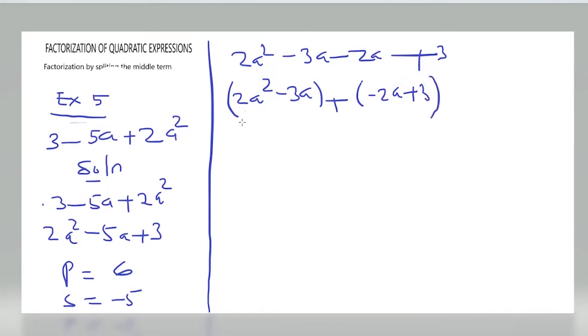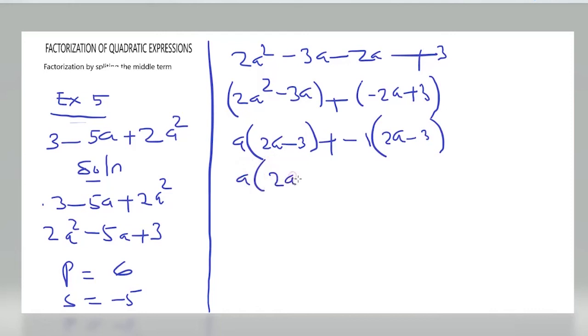Okay, then take a outside the bracket, then a will be equal to 2a minus 3, then plus take negative 1 outside the bracket, then I'm going to have 2a minus 3. Then simplify: 2a minus 3 plus times negative, this one will go to negative 1, then 2a minus 3.